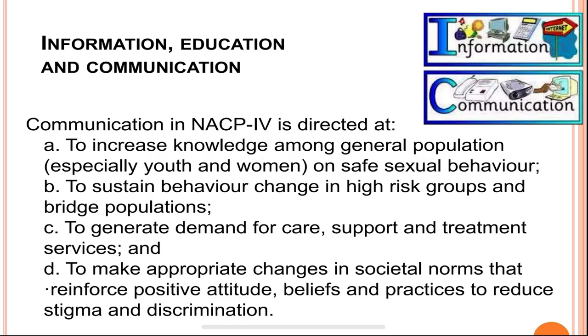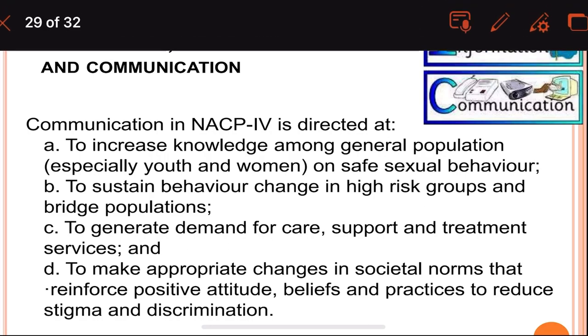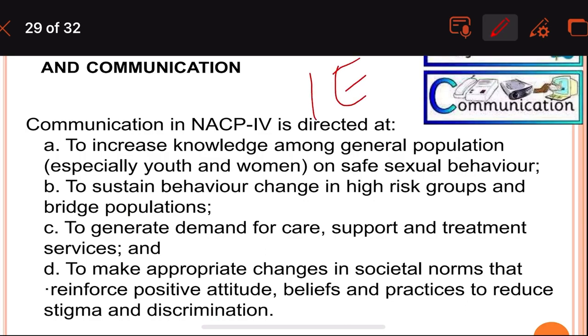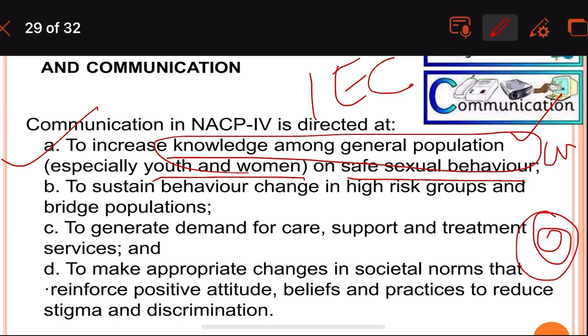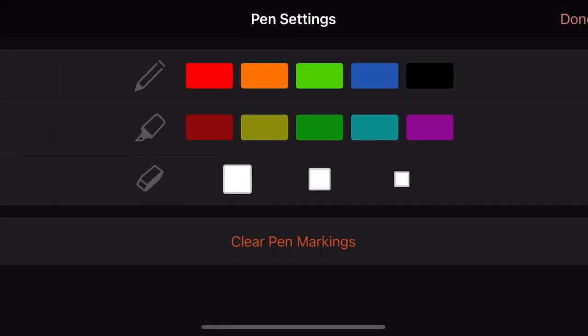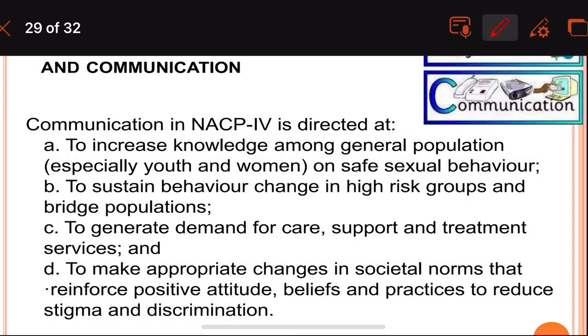It is to increase the knowledge among the general population, especially the youth and the women, on safe sexual behavior. That is the use of condoms, not having multiple partners, not having casual sex partners, and to sustain the behavior change, especially in the high risk group and the bridge populations.